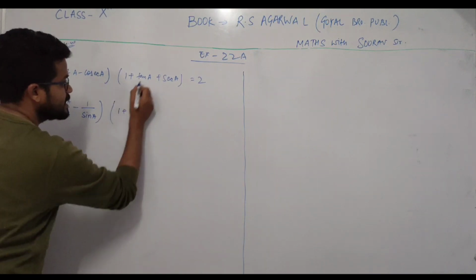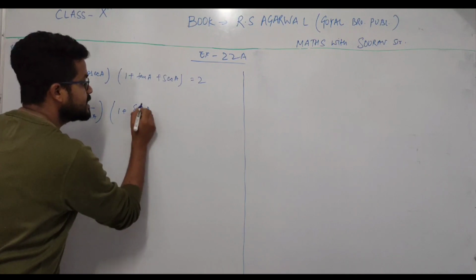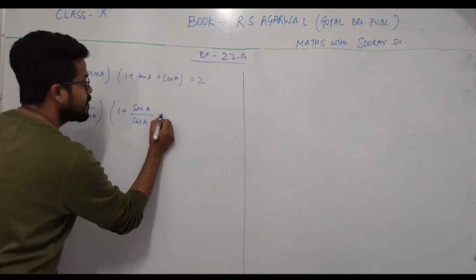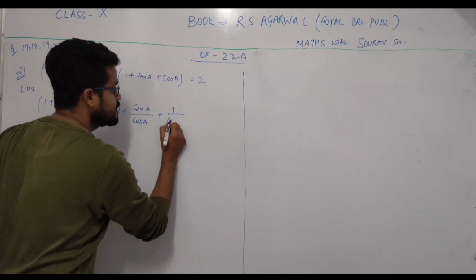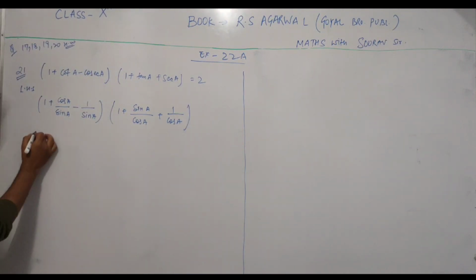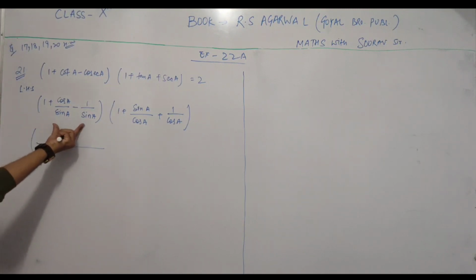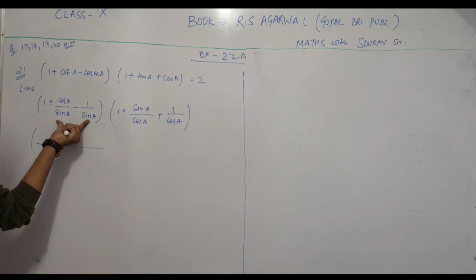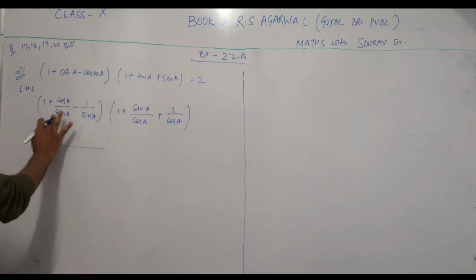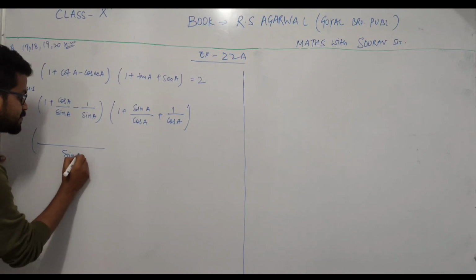Now this is 1 plus tan A, in place of tan A I write sin A upon cos A, and this sec A is 1 by cos A. Okay, now what is the next step? Simply, if we look at this, the first thing in our mind is to take the LCM. So I take sin A as the LCM.